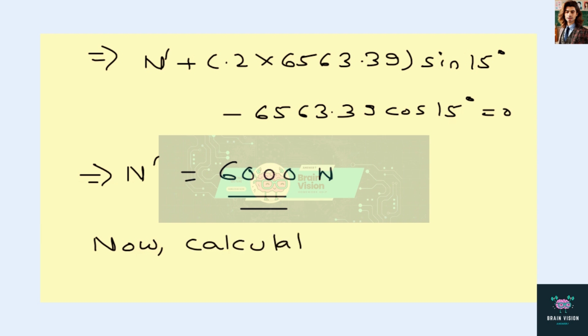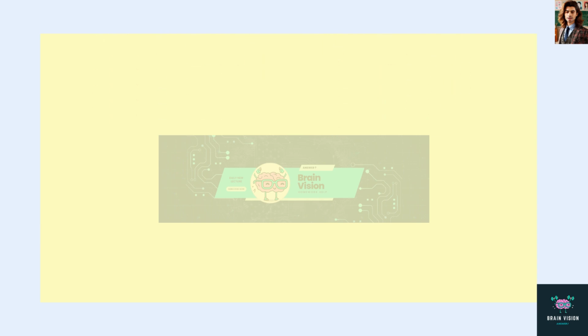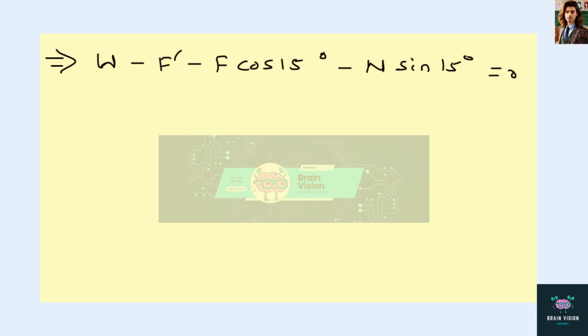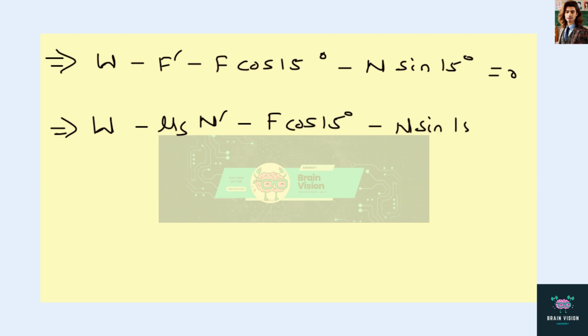Now calculating summation of Fx is equal to 0. So we can write it as W minus F dash minus F cos 15 degree minus N sin 15 degree is equal to 0. So going forward, we can write W minus mu s N dash minus F cos 15 degree minus N sin 15 degree is equal to 0.